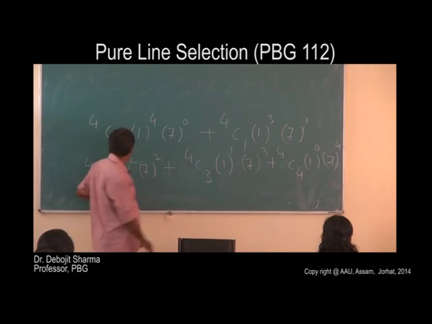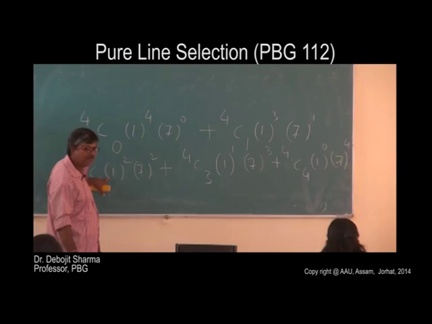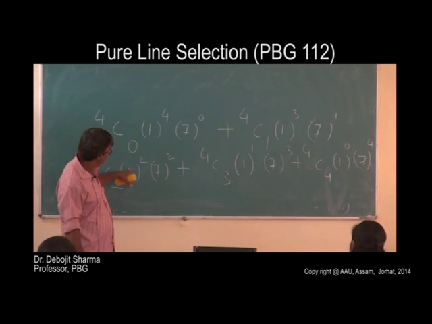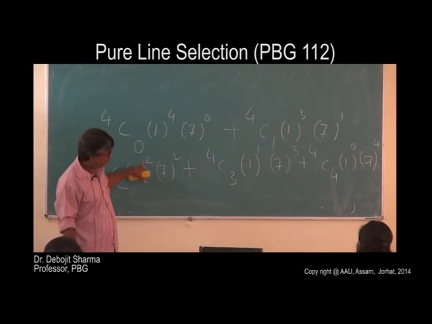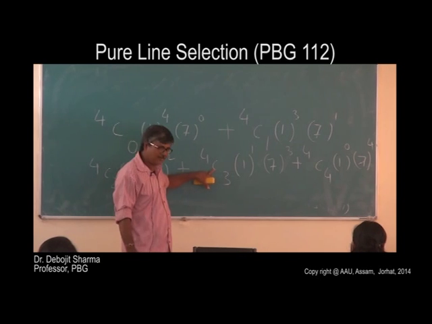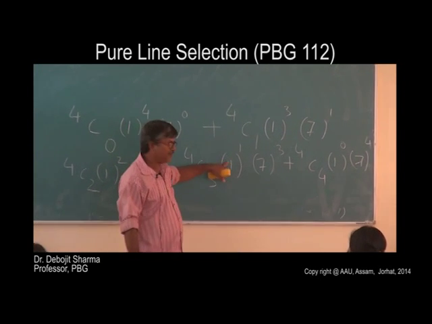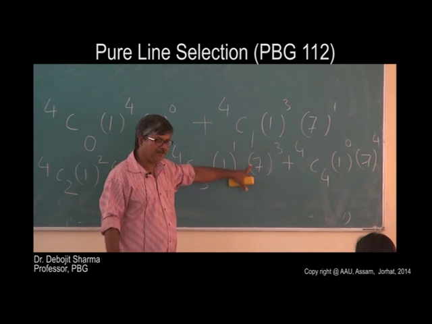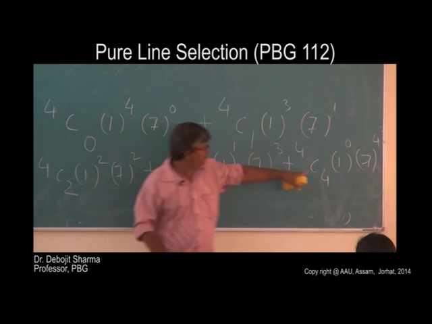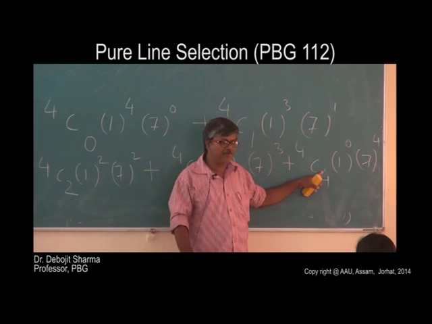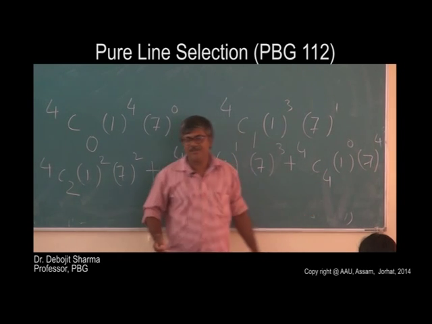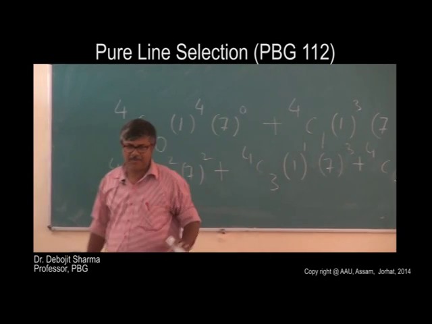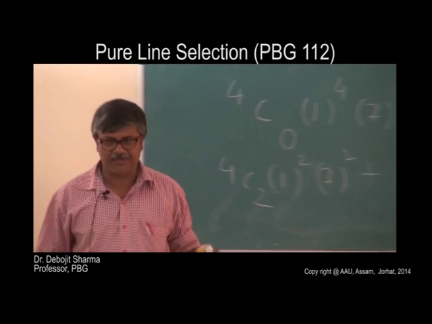And if you solve the third term, it will give you the number of individuals having 2 heterozygous genes, 2 homozygous genes. Likewise, this will give you the number of individuals having 1 heterozygous gene and 3 homozygous genes. And if you solve the last term, it will give you the number of individuals having all the genes in homozygous condition.